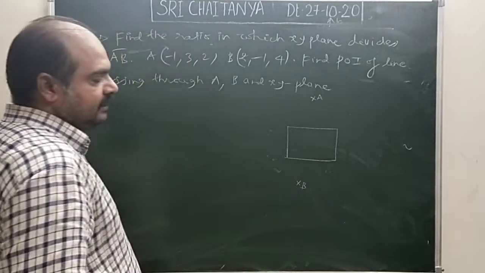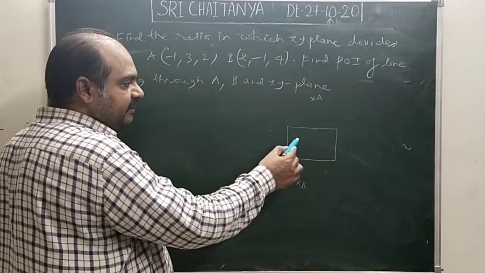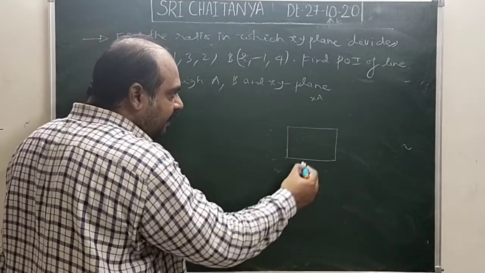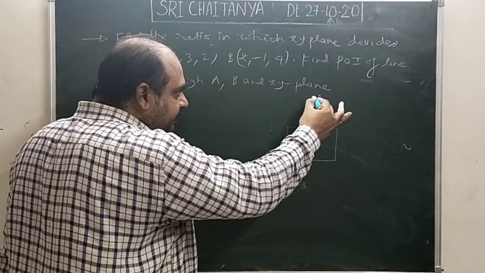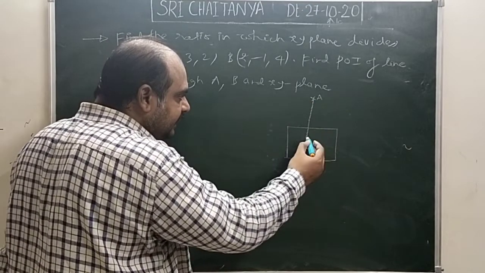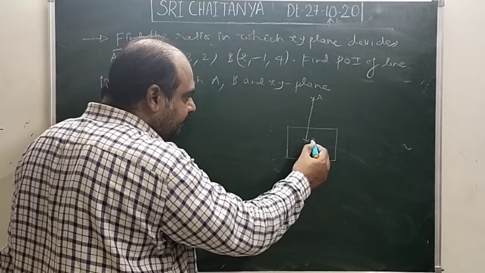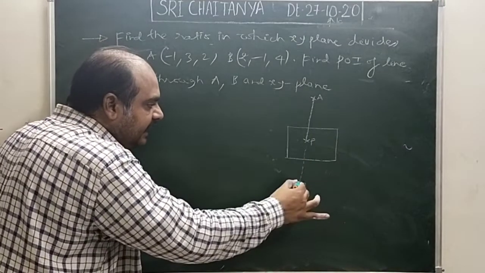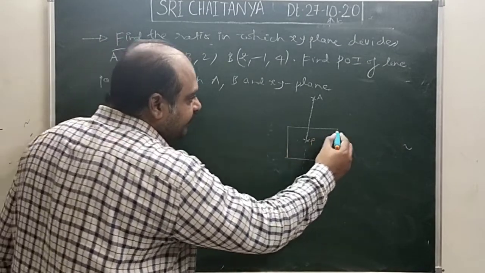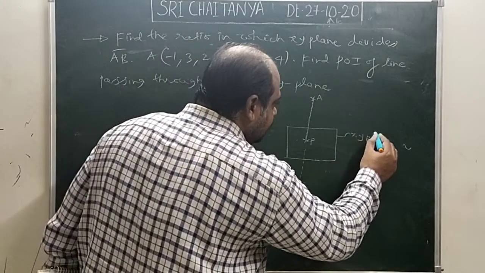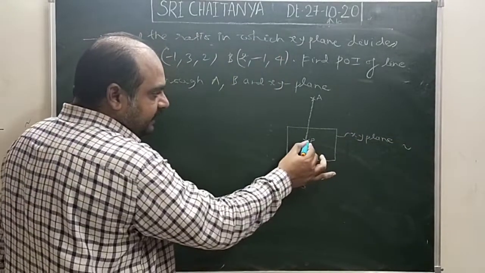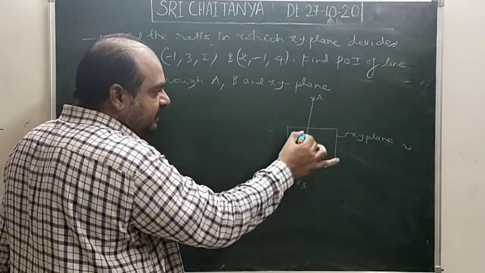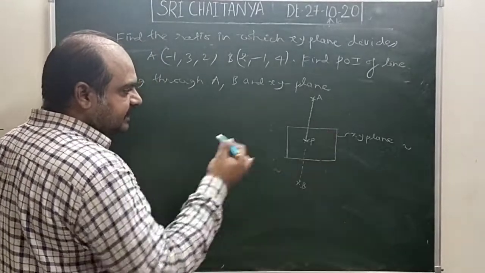Join A to B. While joining, that line will intersect the XY plane at P and then go to the opposite side. That means the line segment AB is divided at P in the ratio AP is to PB, which is what he is asking.